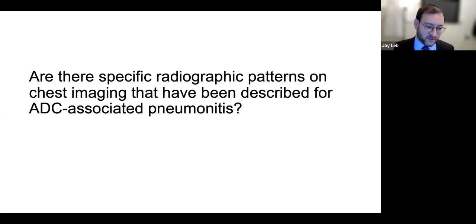But many of the times we find these non-specific ground glass changes, and then we're a little bit stumped about what to do with them. Is it a little infection? Is it some developing, brewing pneumonitis? Sometimes it's very hard, and that's where I think the multidisciplinary approach and good communication with the oncologists and sometimes the pulmonologist is very important.